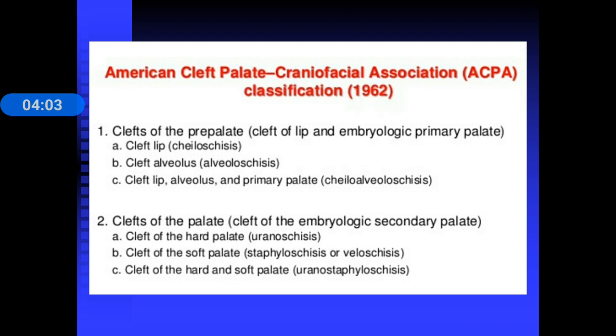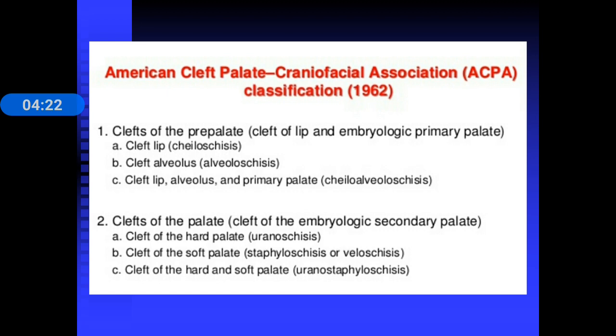Then in 1962 there was another classification, the American Cleft Palate Craniofacial Association, ACPA classification. It also classified clefts into two types: clefts of the prepalate, that is the lip and the primary palate, and clefts of the palate, that is the secondary palate.